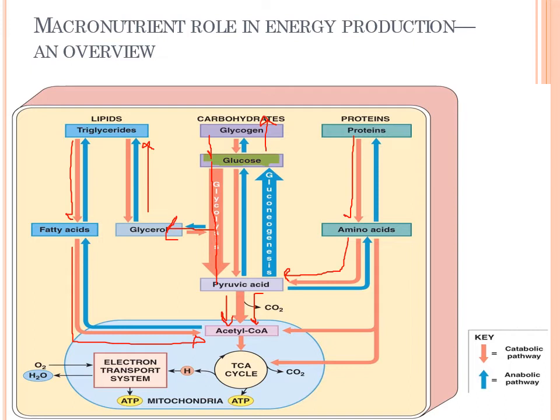Or pyruvic acid, if we have enough and we don't need additional energy, can turn into individual amino acids, and then those amino acids can be used to build proteins. Pyruvic acid can also be used to create glucose, and then glucose can be used to store glycogen. So there's a lot going on in that picture, but it's showing us how all of these different pathways interact.